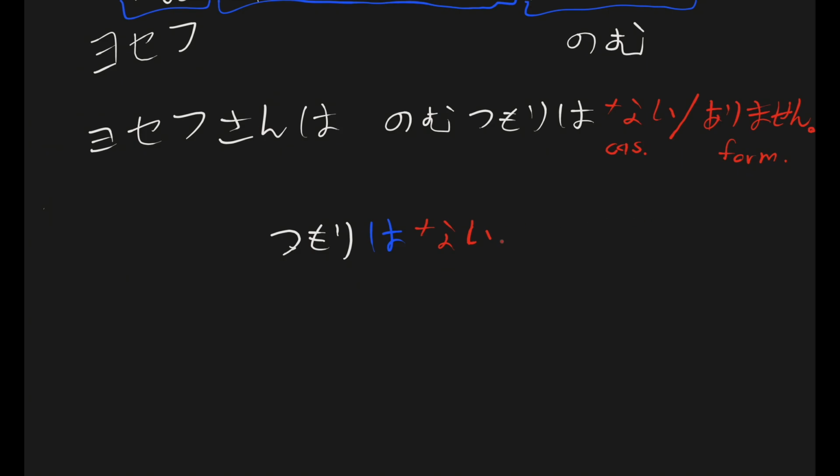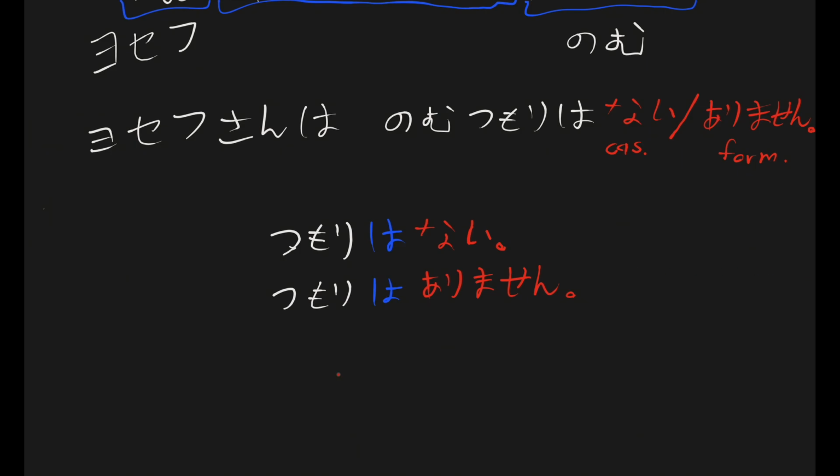And that is the end of that casual sense. Now doing the formal again, tsumori wa arimasen. That is the lack of intention in a formal way. Tsumori wa nai and tsumori wa arimasen. That is how you express a lack of intention.